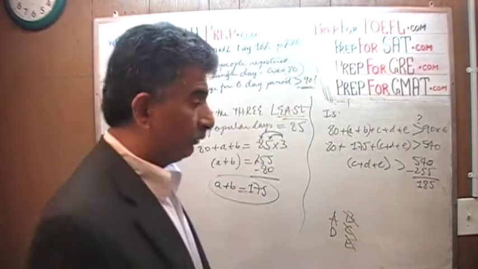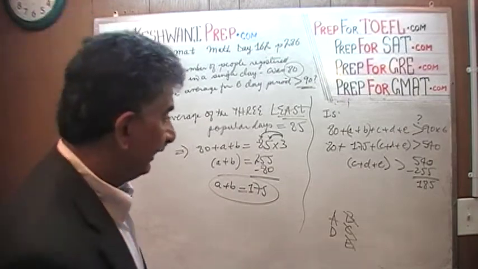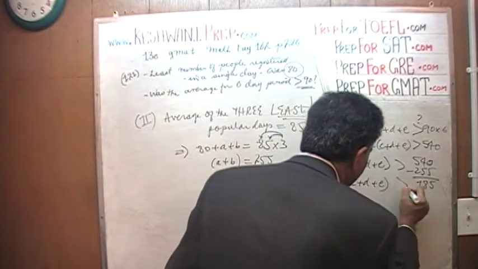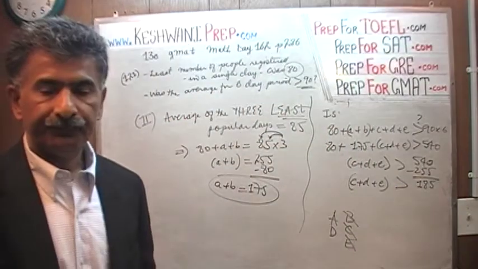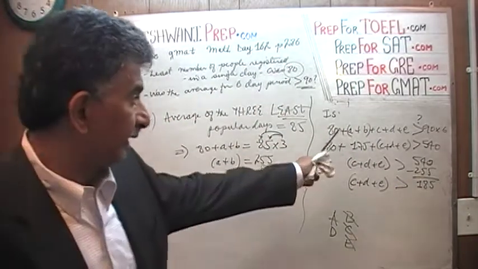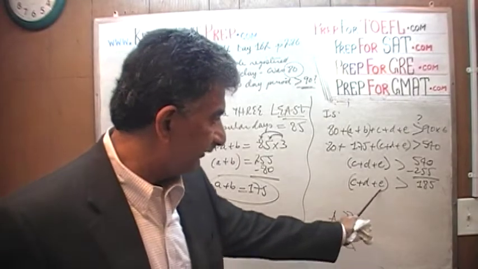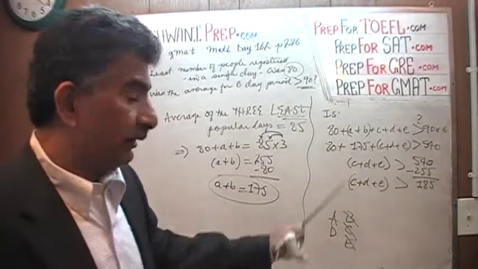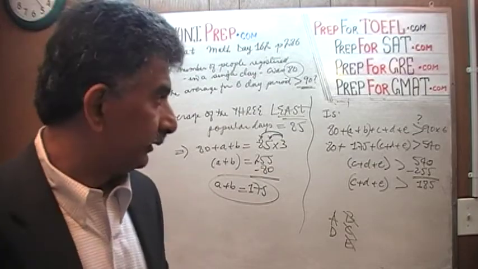So that is the question we have to be able to answer: is the sum of C plus D plus E greater than 285? If we can tell that for sure, then the sum of the 6 numbers must be more than 540, meaning the average is more than 90.